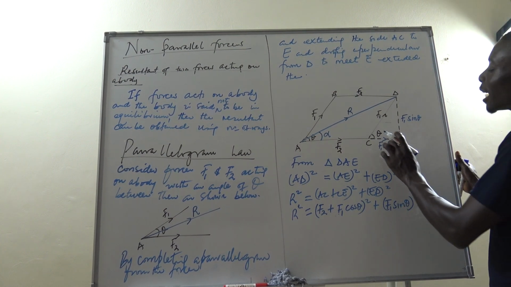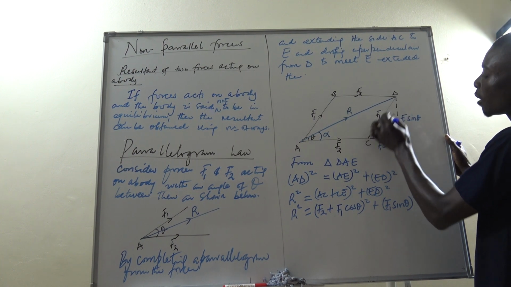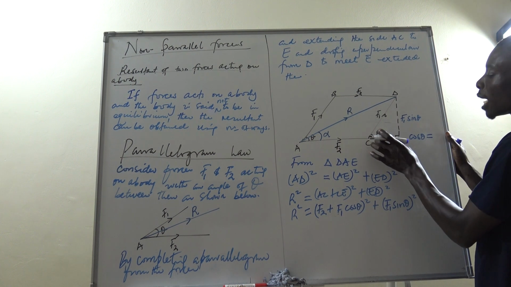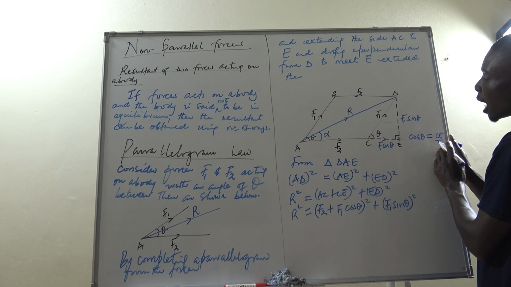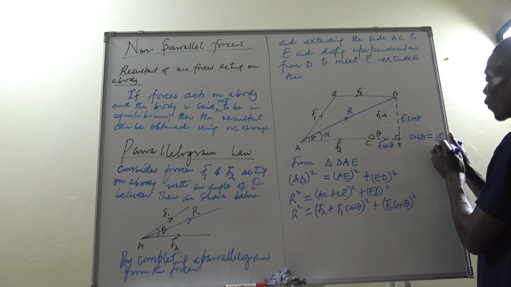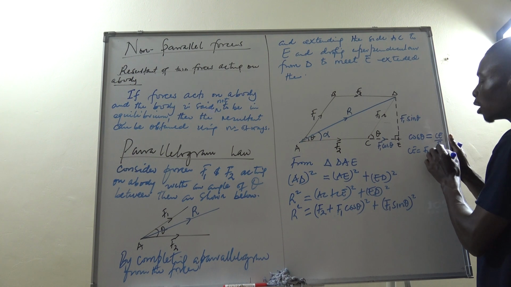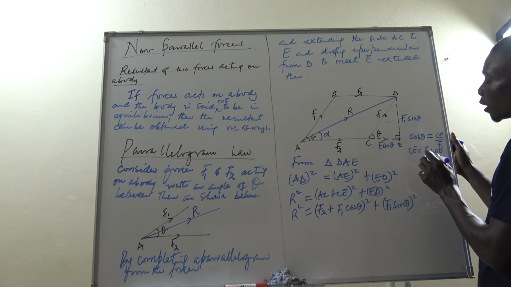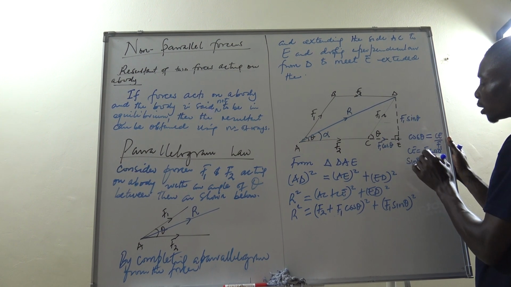Let me hope you're getting how I brought this. Because if I have this triangle here, we can say cos of theta is adjacent CE over hypotenuse F1. So that means CE is F1 cos theta, from C up to E. And also, sine theta is opposite, isn't it?